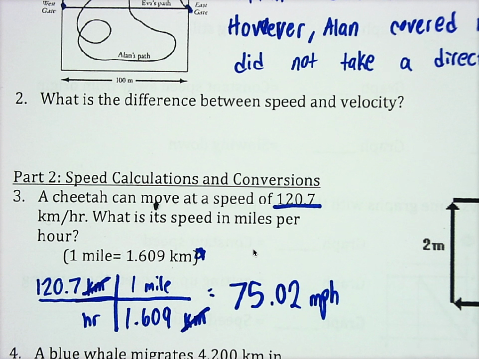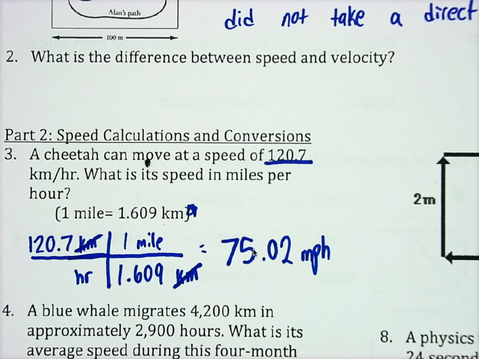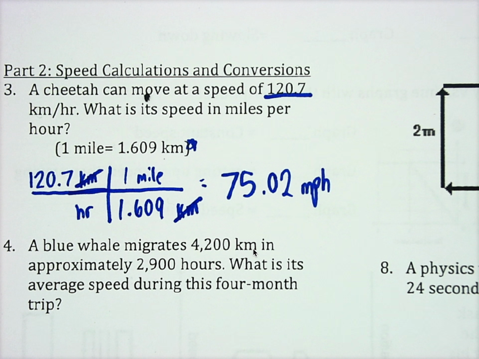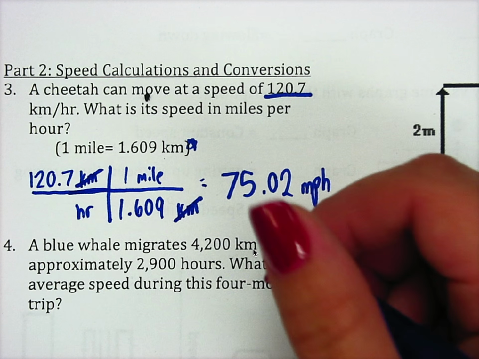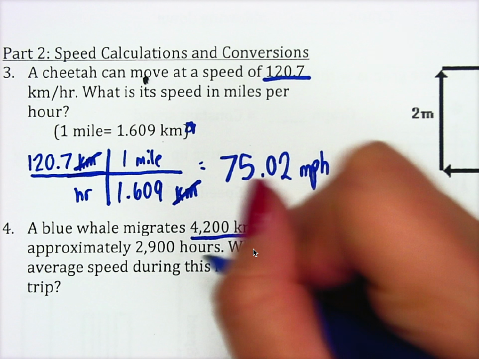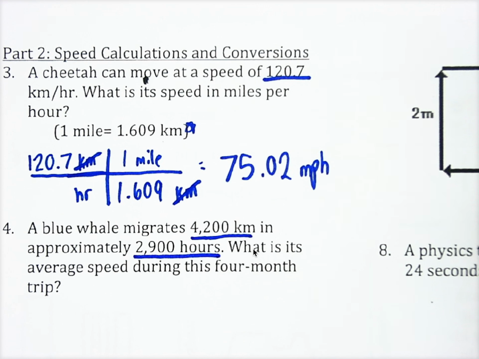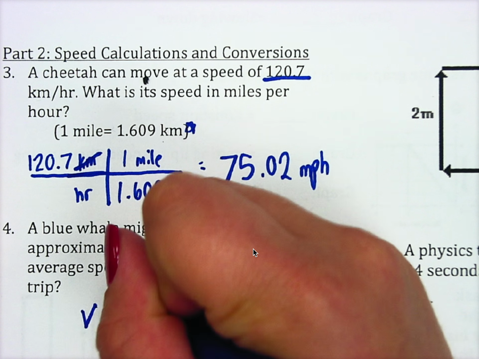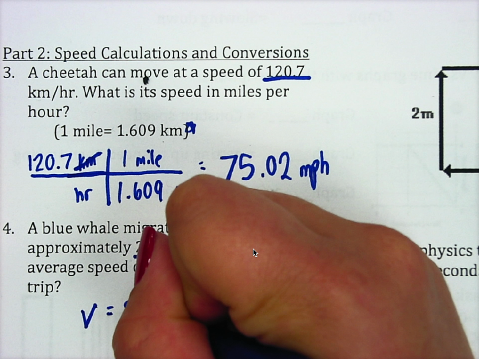Let's do a speed problem. A blue whale migrates 4,200 kilometers in approximately 2,900 hours. What is its average speed during this 4-month trip? So we use the equation velocity equals distance over time.